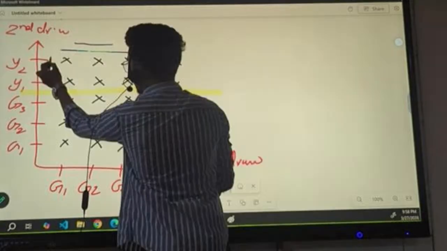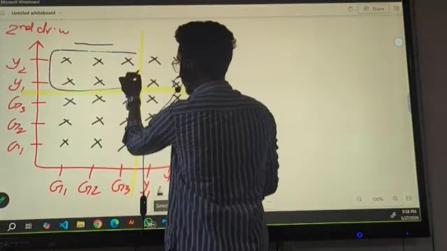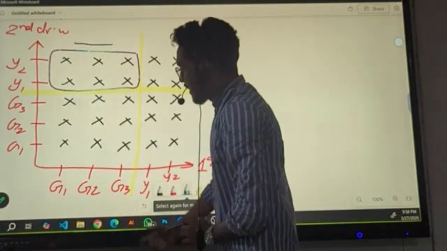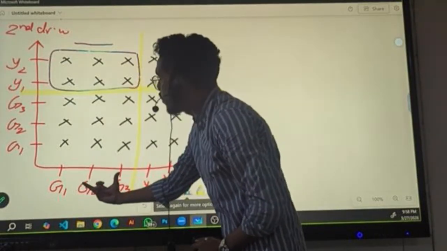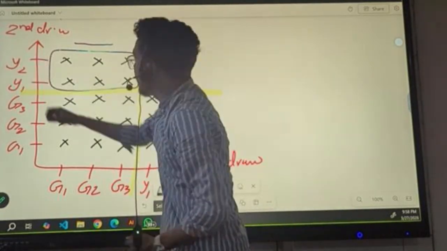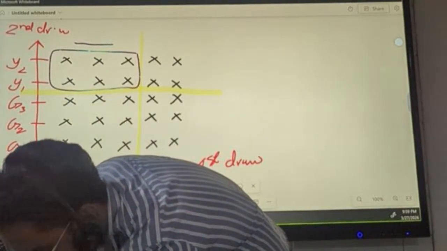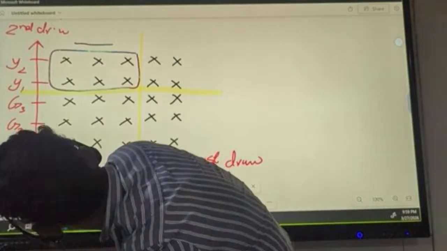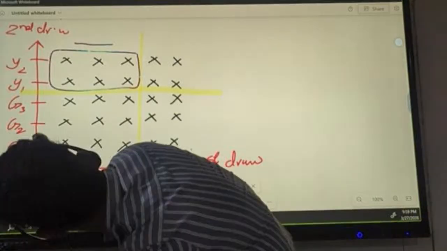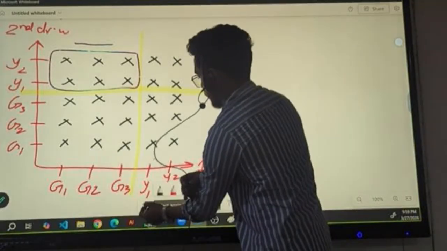Is that point clear? So I can name this as green, yellow. Is that clear?